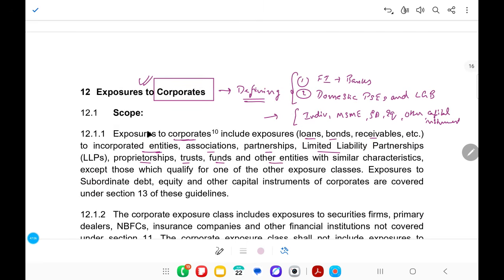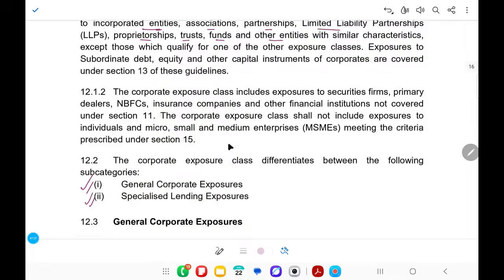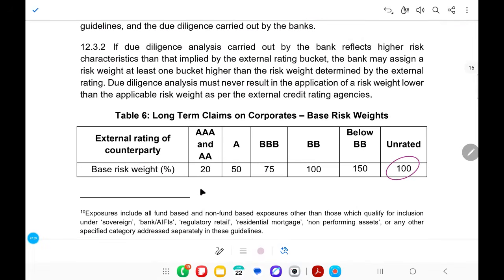So we have seen exposures to corporates. We have seen what the scope is and what entities are covered under this corporate asset class. We have seen the two categories here: one is general corporate, one is specialized lending. General corporate exposures are risk weighted starting from 20% going up to 150% below double B rating.